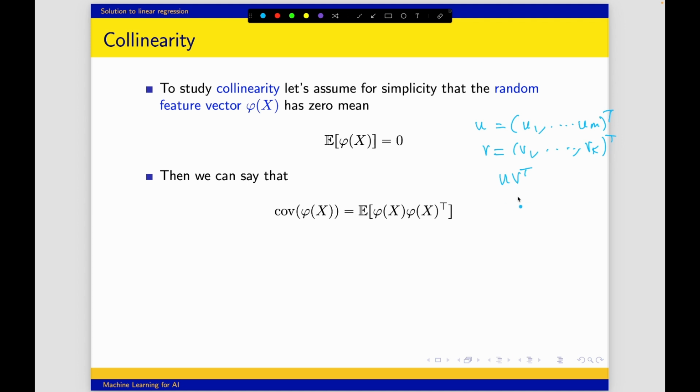Let's do it this way around. So what does that look like? Well, it looks like this: u1 to um, a column vector, times v transpose, which is a row vector, v1 to vk.